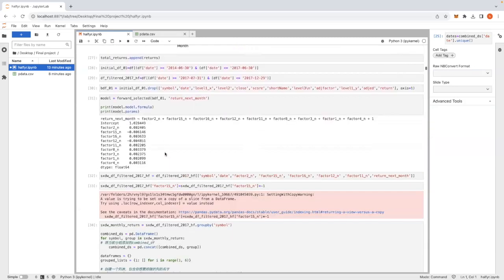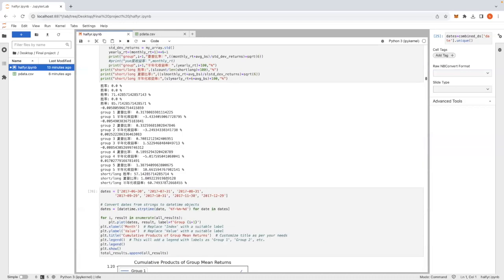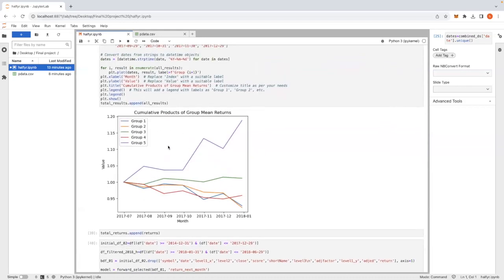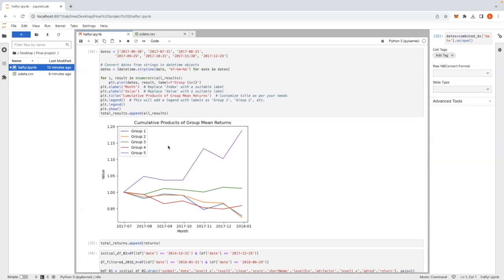So basically, what I'm doing next is using the half-year data added on to the 3 years of data, doing a forward selection again, and forecasting the return for the next half year.